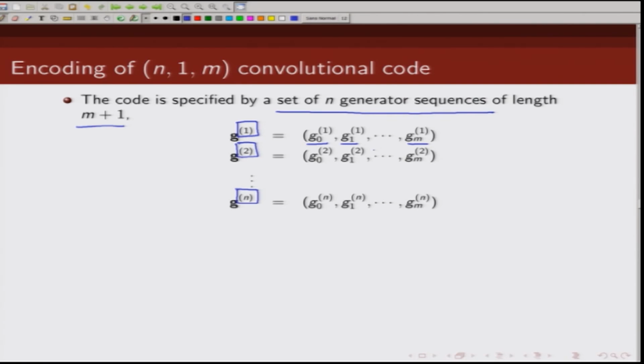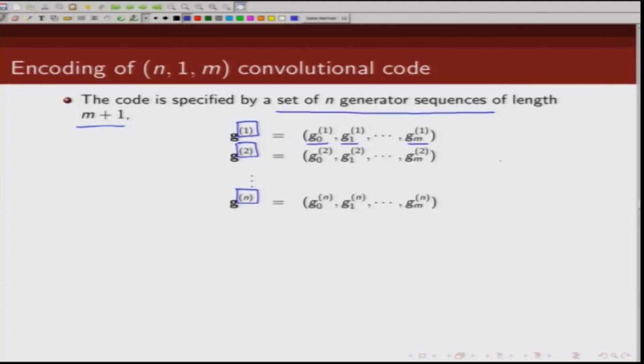Now, note that the memory order of our convolutional encoder is m. Just take an example, m equal to 2, let us say memory order 2. Say this is my input ul, and my output I can take from some interconnections from this.